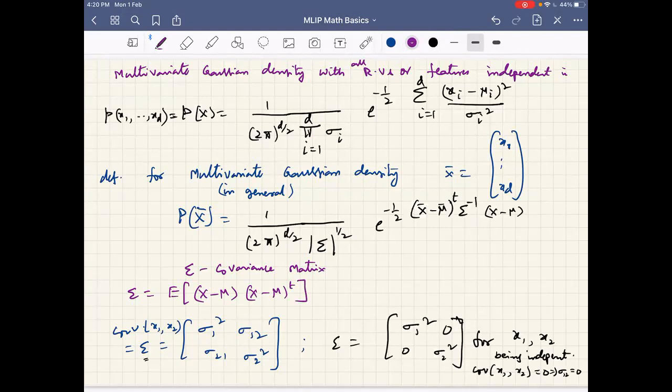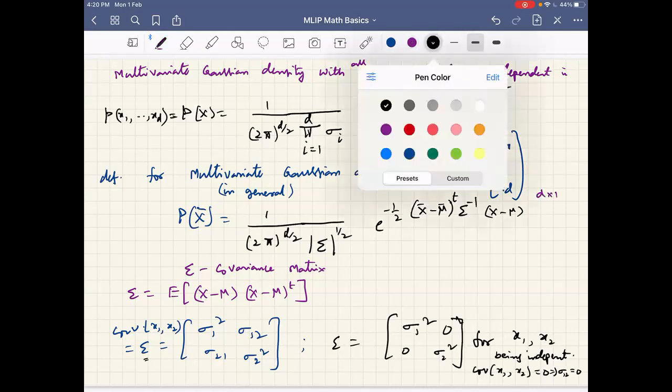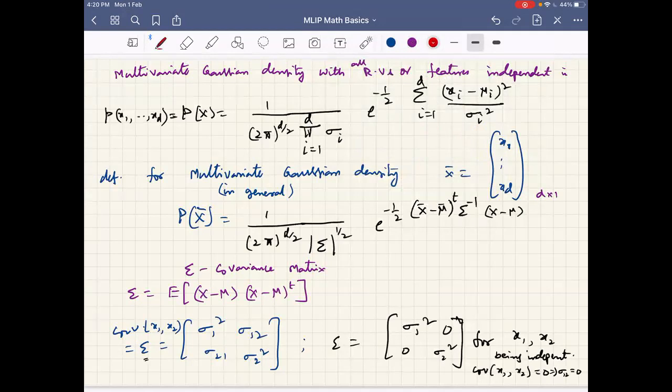If the dimension of this is d cross 1, okay, then let me write all the dimensions in a different color for better capturing of the details. If this is d cross 1, then the dimension of this will be d cross 1 into 1 cross d, so outer product, and hence it is d cross d. And what do you think is the dimension of this?